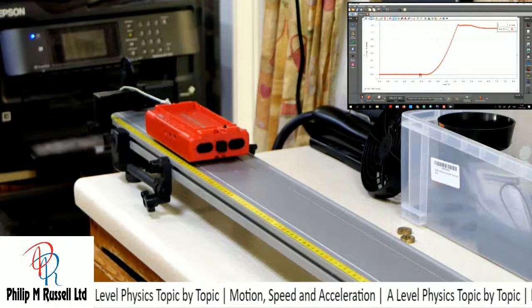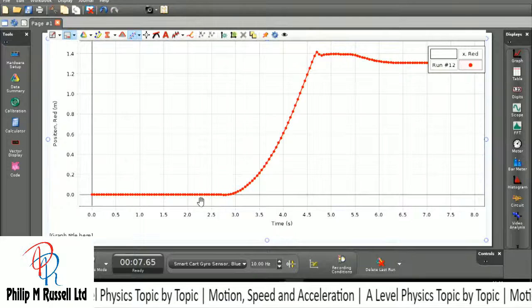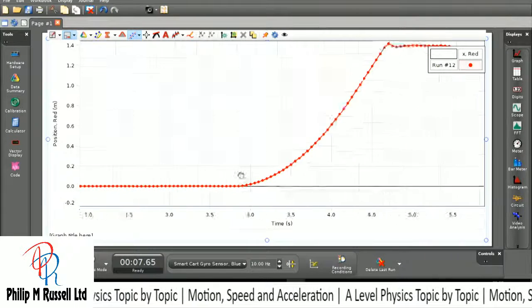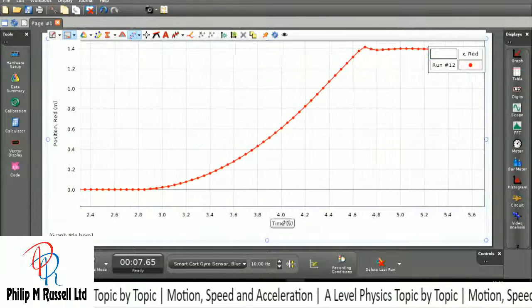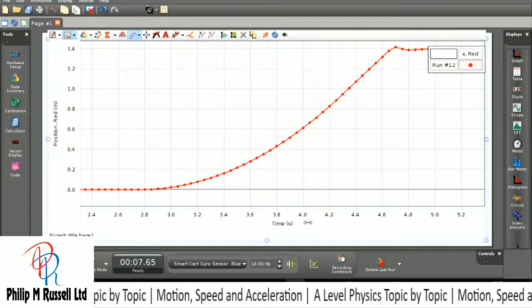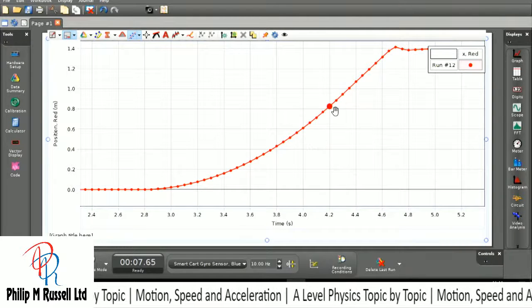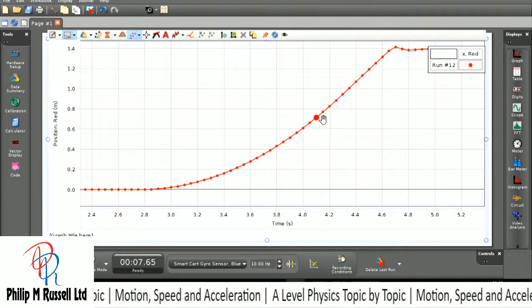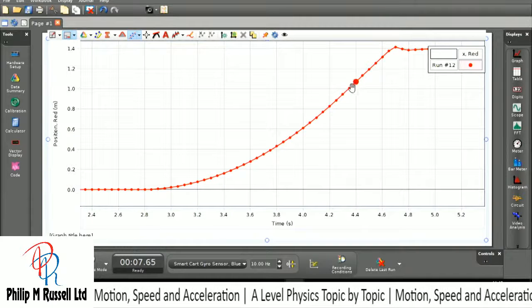This time we can see that we've got a much larger curve. Let's just spread this out a little bit more. And we can see we've got really quite a curve from this point to about there. After that, it's relatively constant.